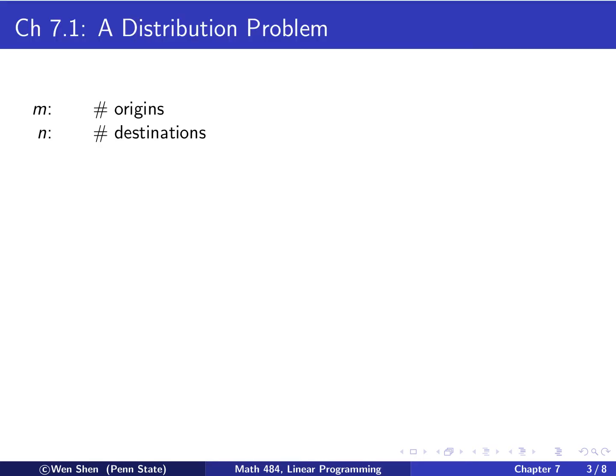Before we start the transportation problem, we look at another problem called a distribution problem. Later, you will see the connection. Let's say I have some origins and destinations. Let m be the total number of origins, and n the total number of destinations.